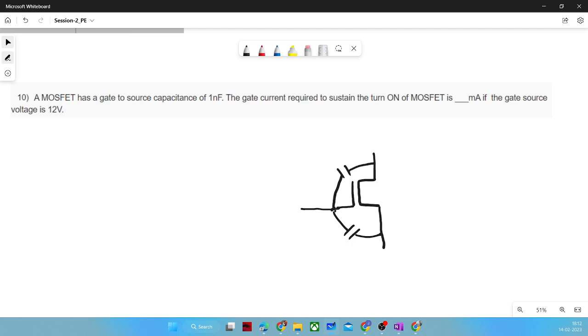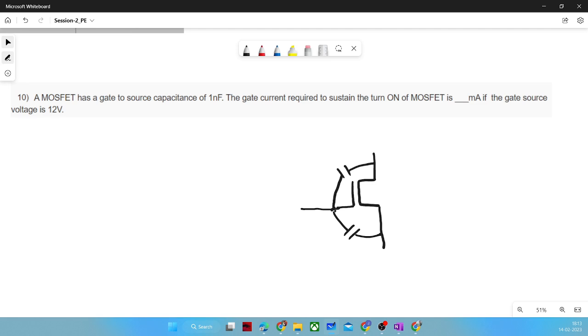But here they have mentioned that it is connected to gate to source and its value is given. So from the given information, your gate to source voltage is given, that is 12 volt, and your gate to source capacitance is also given. So I think you will be able to calculate the charge present on that capacitance, right?